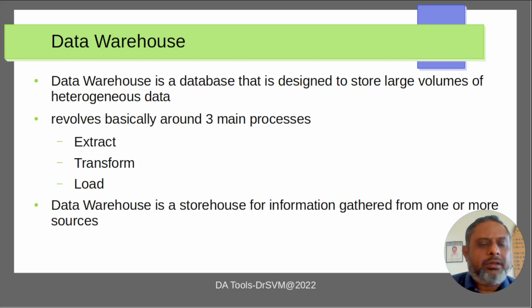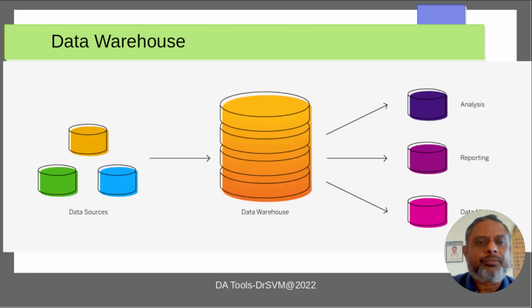The data is extracted from each source separately, and depending on the format of the data and the format required at the warehouse, the appropriate transformations are carried out, and finally the data is loaded onto the data warehouse. So a data warehouse is a storehouse for information gathered from one or more sources. That's how the overall picture of the data warehouse concept is.